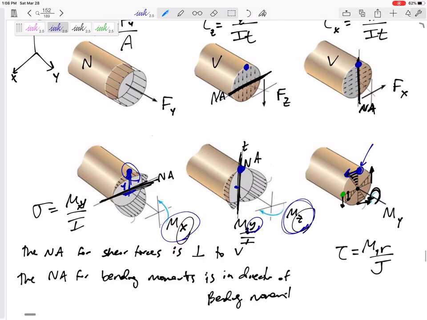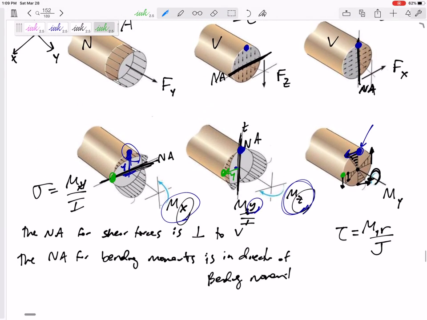All right, how about the green dot? The green dot right here, well, my MX would not create any stress, but my MZ would create stress because now the Y value is this way. The Y value would be that magnitude right here, and then down here, the shear stress would be down.